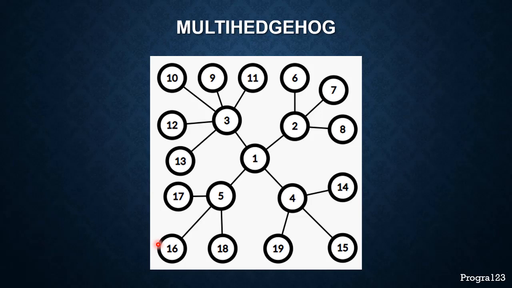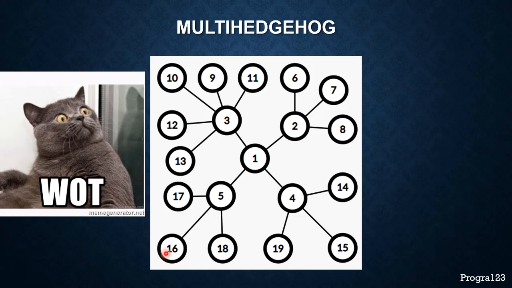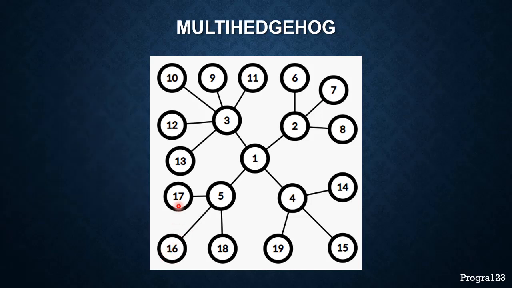Because this graph should be a multi-hedgehog, the distance between every pair of leaves that do not belong to the same subgraph is going to be the same. Obviously, the distance from 16 to 17 is going to be 2, and from 16 to 18, I mean the distance from leaves that are in another branch according to the center.